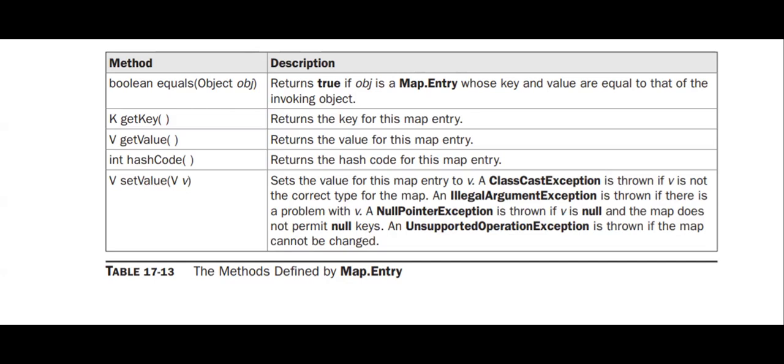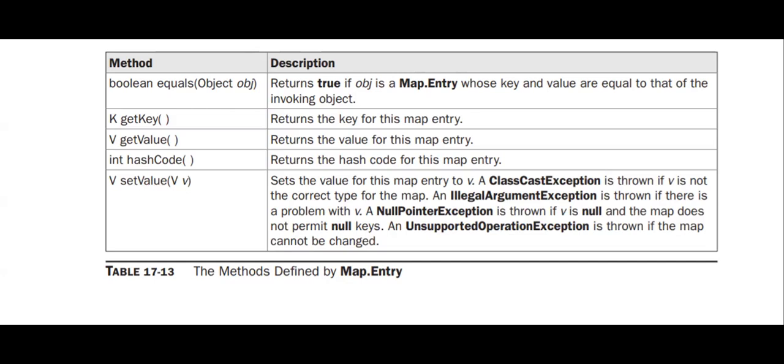Then UnsupportedOperationException is thrown if the map value cannot be changed. So we cannot change the map value if it is declared as a final one. So this is about the map entry.